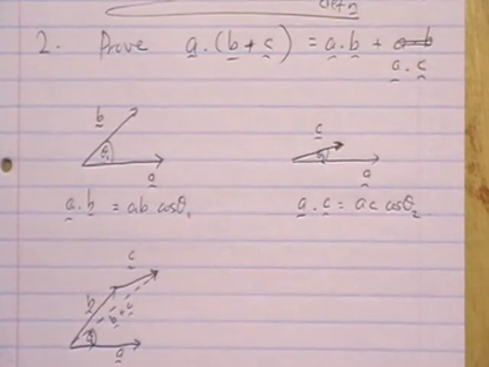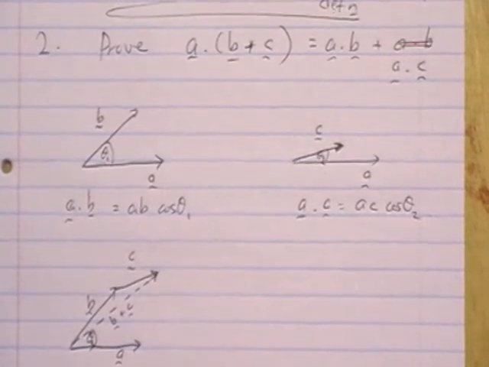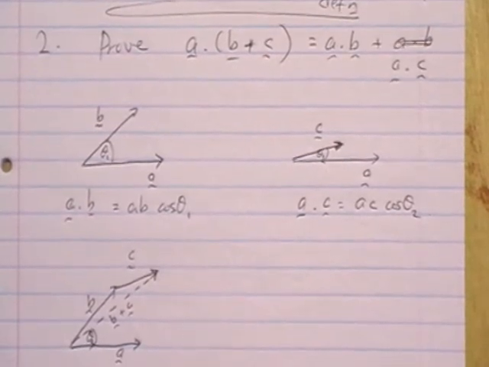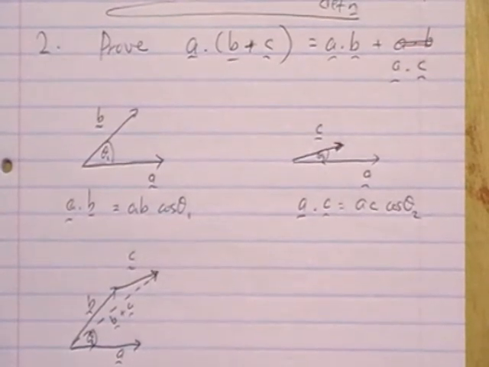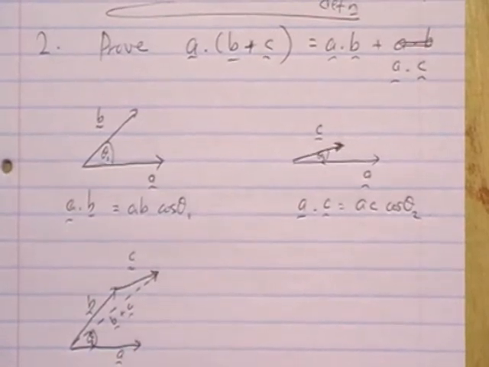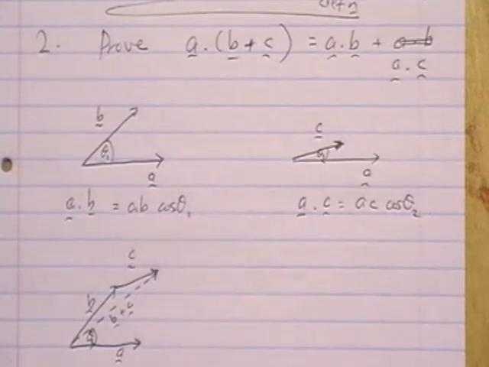Then A dot (B plus C) would be A times the length of B plus C. I'll use this modulus symbol to represent that. Just that length, cosine theta 3. So that's what it looks like.